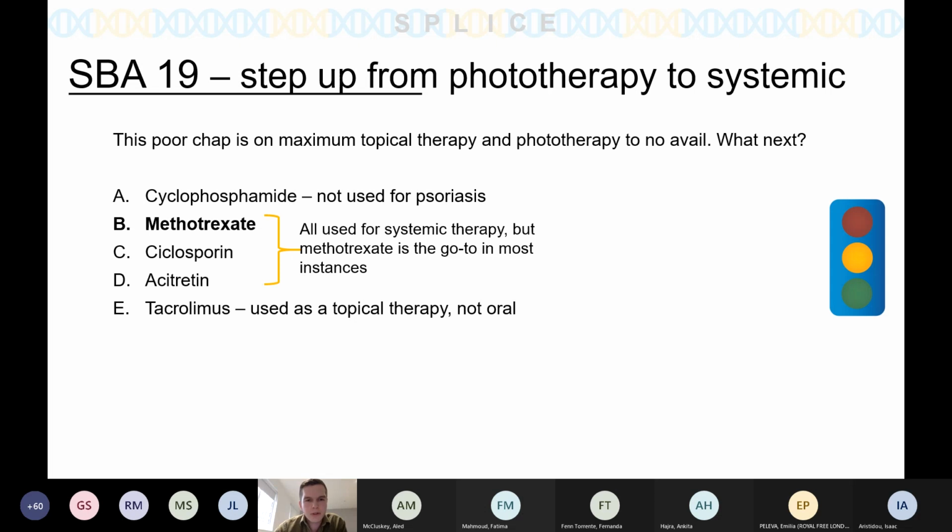The usual go-to when you start systemic therapy is methotrexate. There are certain instances in which you would want to go for cyclosporin or acitretin over methotrexate. So methotrexate, remember, is used in psoriatic arthritis as well. So psoriasis isn't just a dermatological condition. So it is really good in that sense. It helps the joints and what have you.